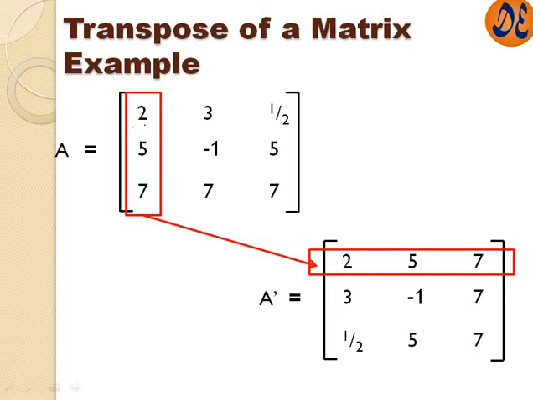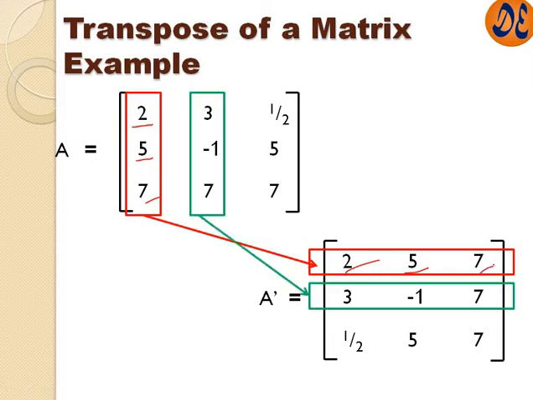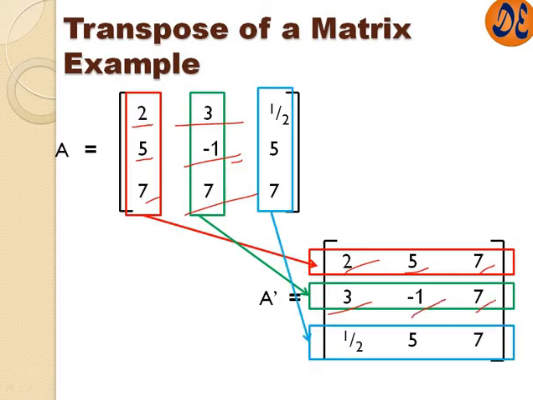Compare the elements 2, 5, 7. Similarly, the second column has become the second row. And the third column has become the third row.